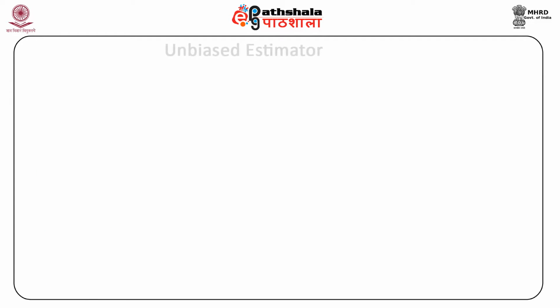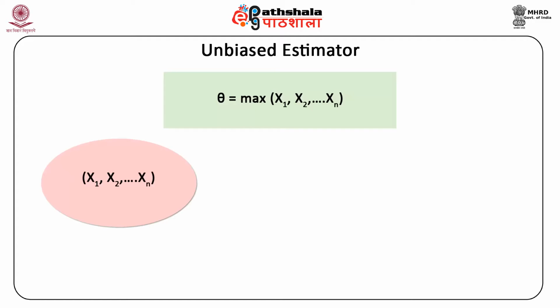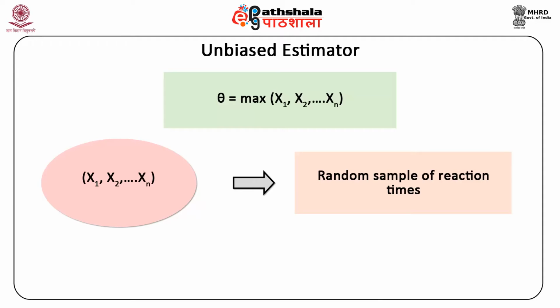If we take the point estimator of theta to be equal to the maximum of x1, x2, x3 up to xn, where x1, x2, x3 up to xn is a random sample of the reaction times, it can be shown intuitively that the expectation of theta hat is less than theta.